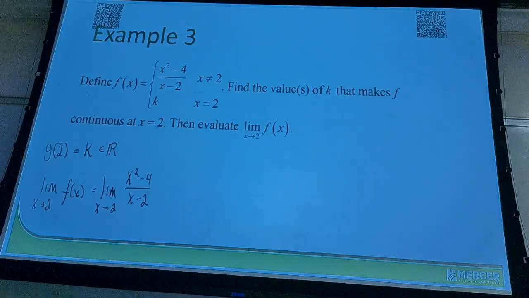Direct substitution yields indeterminate. But using algebra, you'll wind up with that being the same as the limit as x approaches 2 of x plus 2, which is what? 4. Okay, well that is satisfied regardless of our value of k. So we don't have to worry about that.